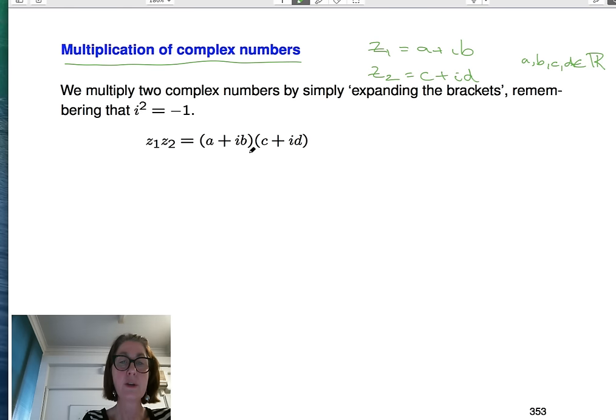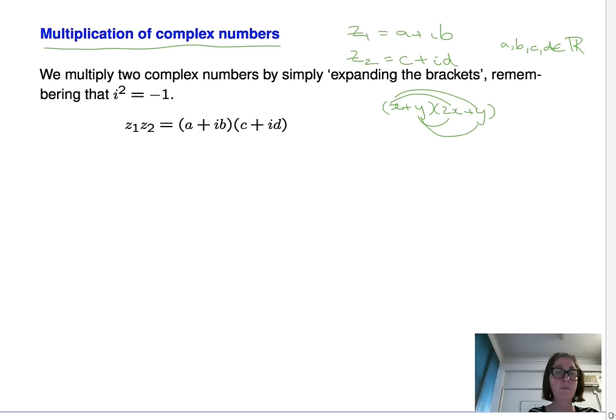So I've got the two brackets a plus ib and c plus id, and it sort of looks like a quadratic equation where you had x plus y, 2x plus y, for example, and you wanted to multiply those two terms together, and what you do is you do this cross multiplication. So you multiply x by each bracket and you multiply y by each term in the bracket as well.